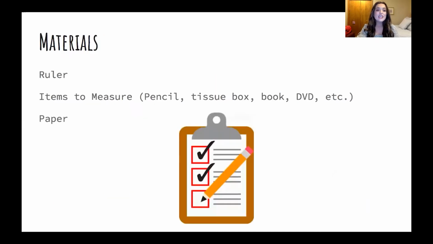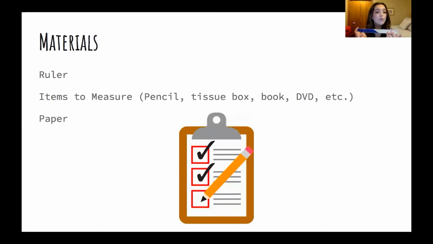All right. So for materials, in this lesson, it's going to be a little bit tricky to find exactly the right materials. So hopefully you guys can work with me on this. But if you have a ruler, that would be awesome.